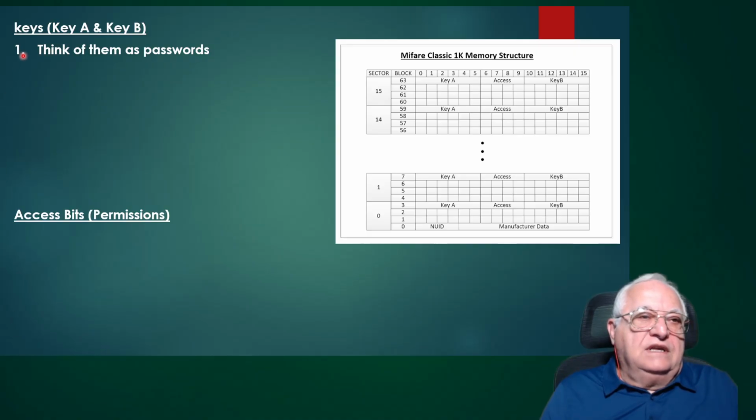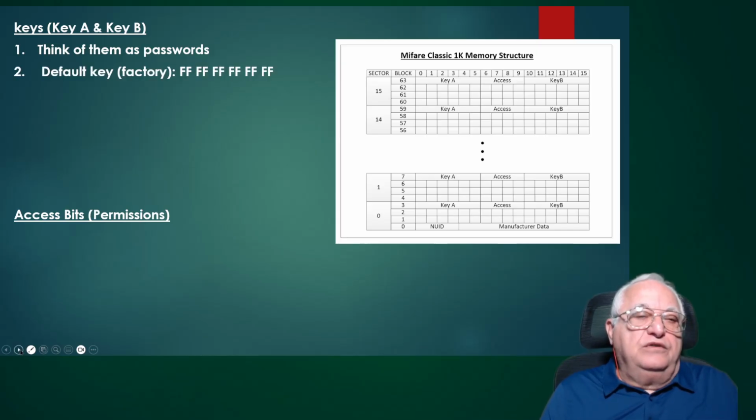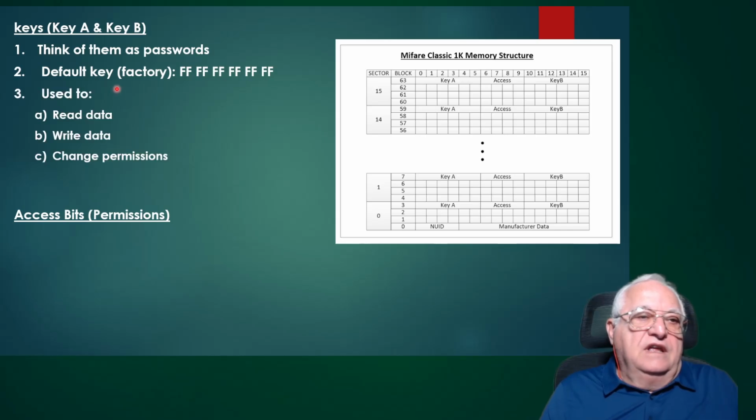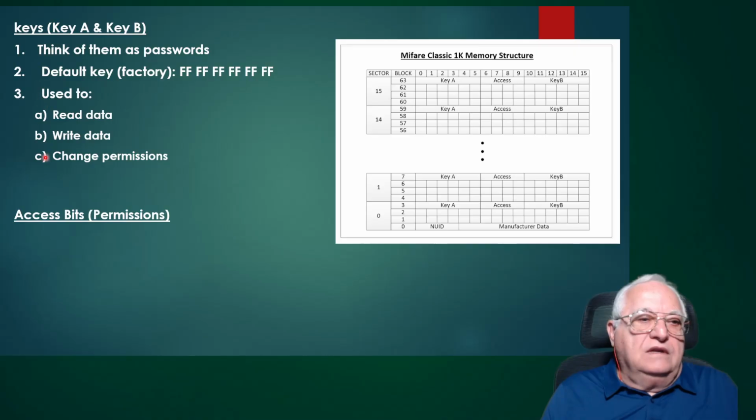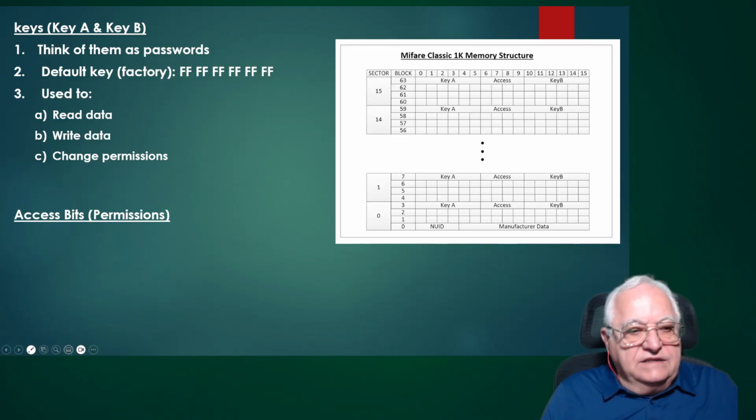So let's look at the key A and key B. Think of them as a password, basically. Default is going to be FF, and used to read data, write data, change permissions. So every time you want to read, write, or change permission, you have to have a password. Now, which password will allow you to do what is contained in the access bits.